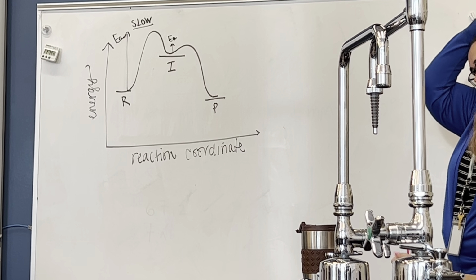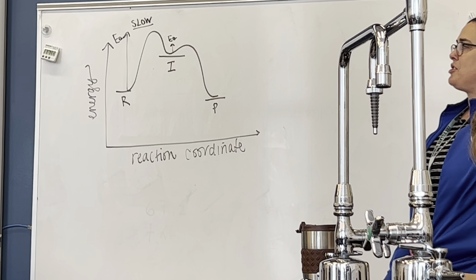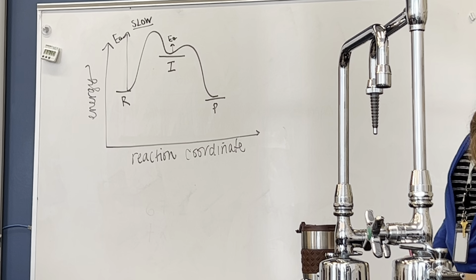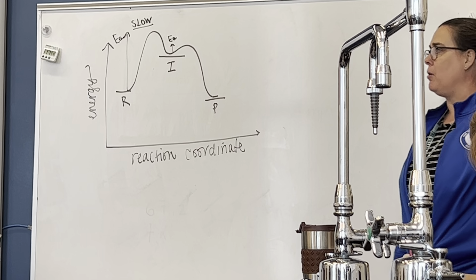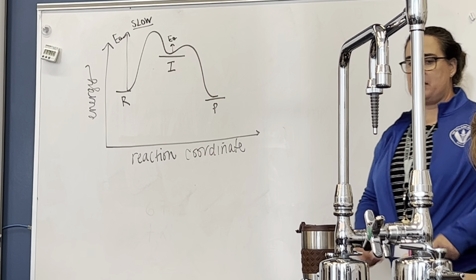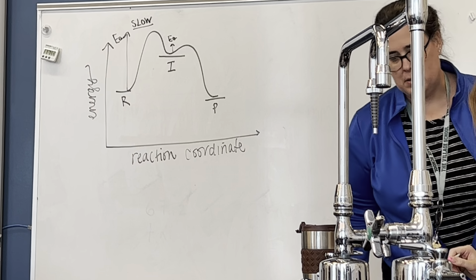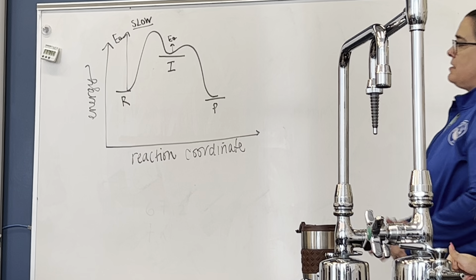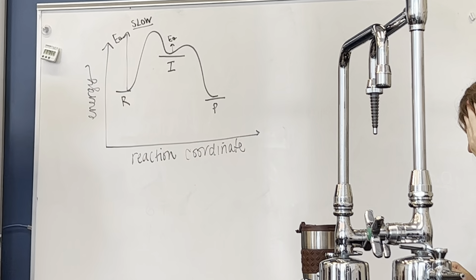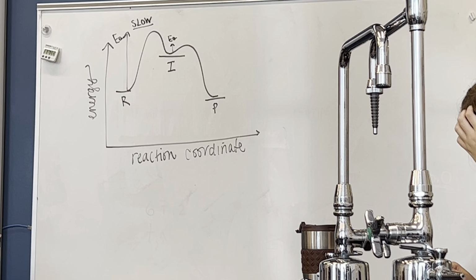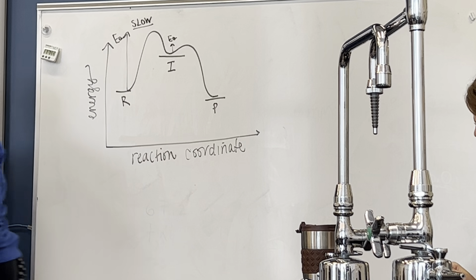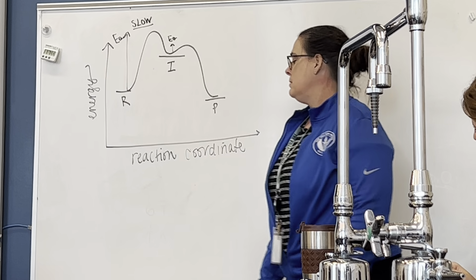That's why we argue that this reaction could be called SN1, because it was unimolecular, the overall order of the reaction was 1, because there was only one reactant. So the rate is equal to the concentration of this raised to the first power. Again, that's why we call it SN1.